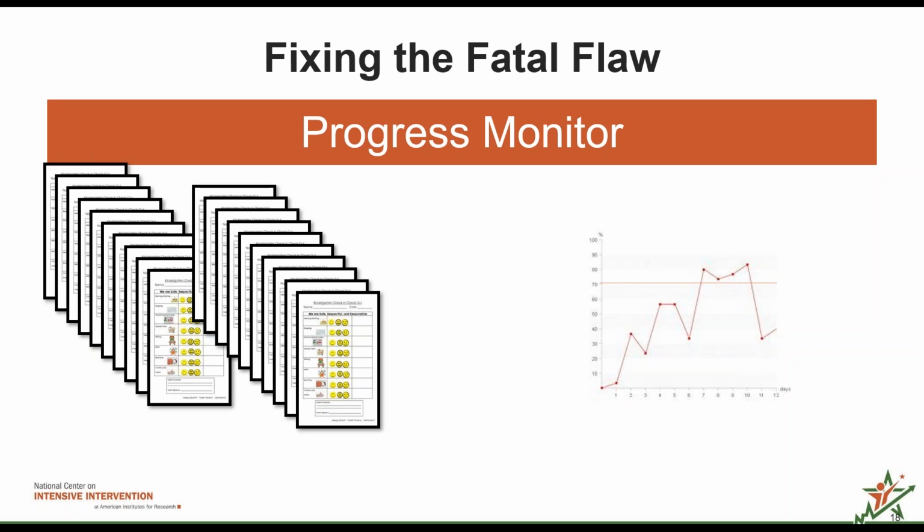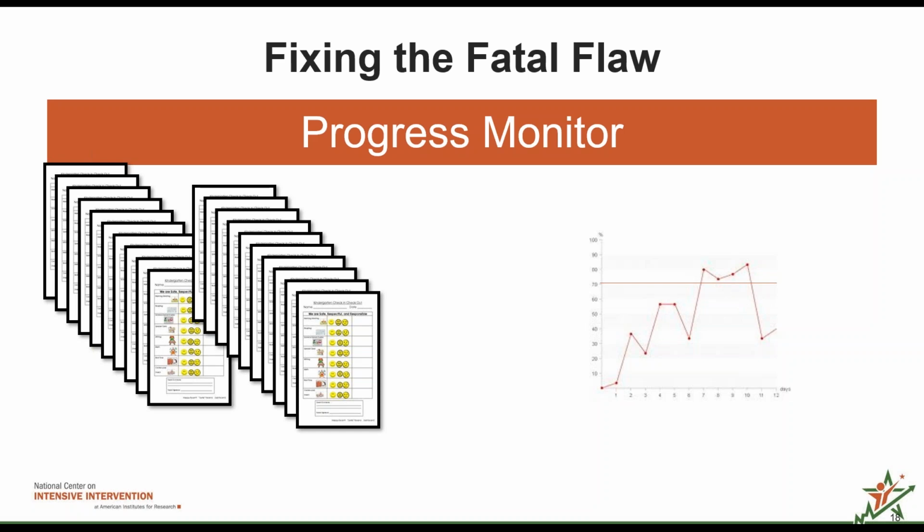What we don't often do is then use those stacks and stacks of paper in a meaningful way to determine whether or not the student is making progress. And that's what's represented on the right-hand side of this slide. So what we want to move from is stacks and stacks of paper that might have really good information about the student's behavior and help us identify perhaps patterns of when student behavior is likely to occur.